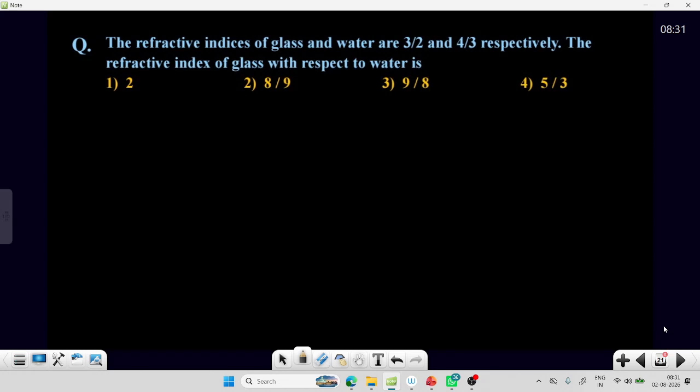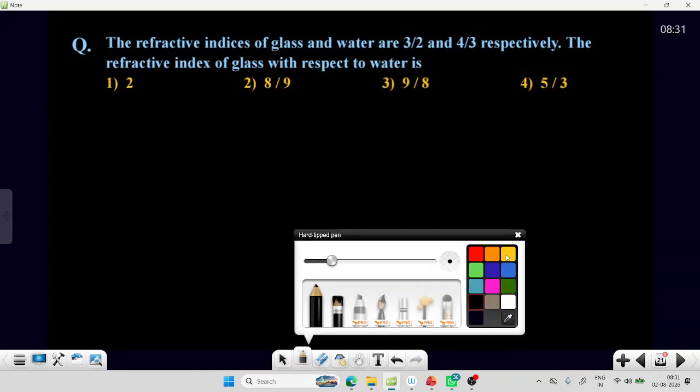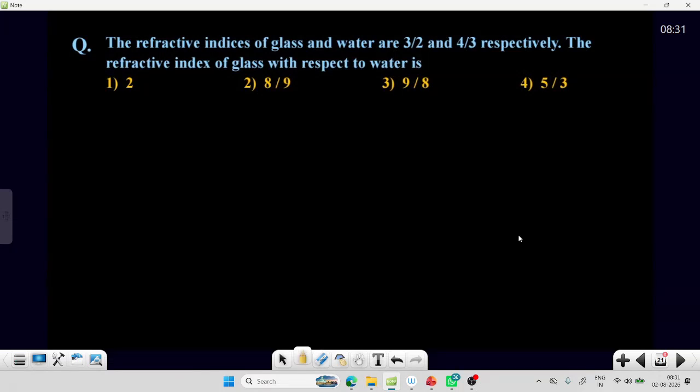Find the refractive index of glass with respect to water. Sir, 9 by 8.